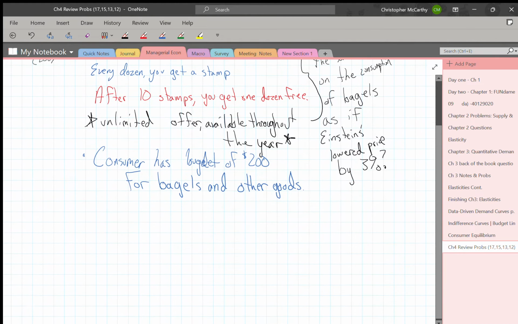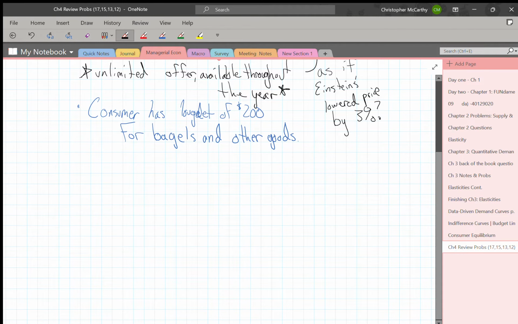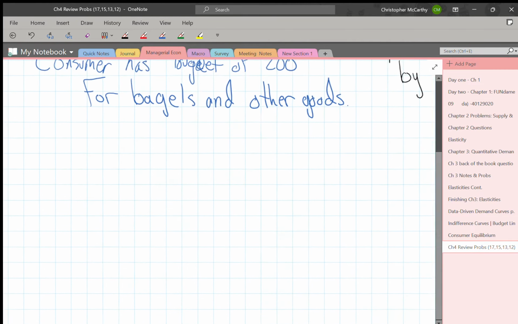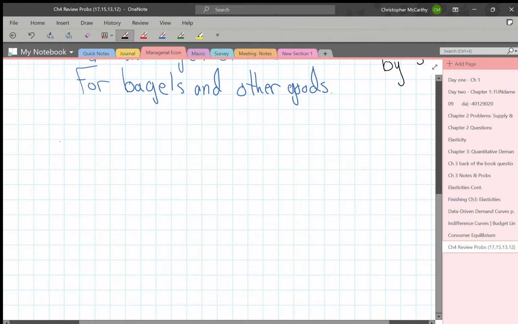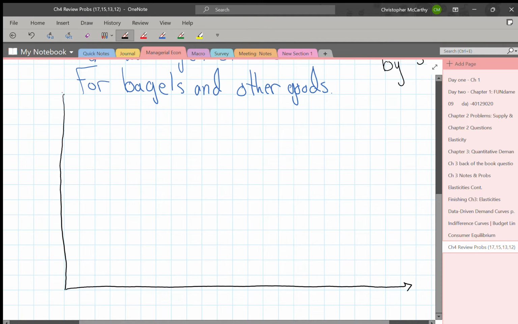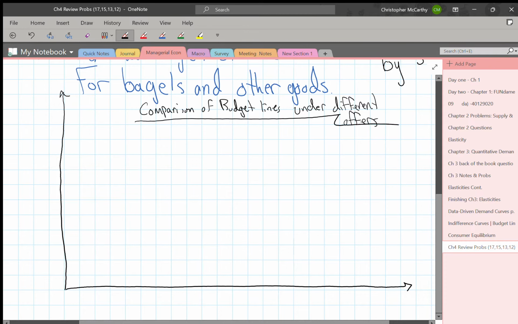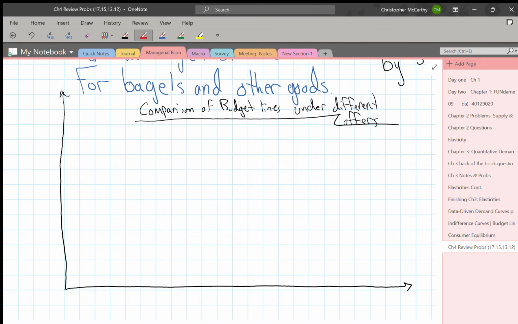So modeling this out, we're going to have a comparison. And so we're told initially, right?